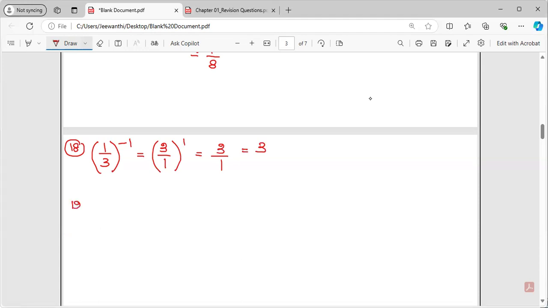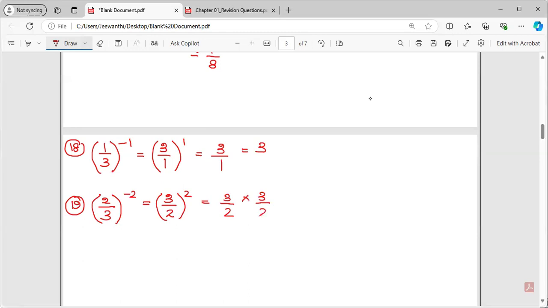Now let's look at question number 19. If you have 2/3, and here you have to the power -2, first I want to convert the -2 into +2. For that, I want to get the reciprocal. So then that becomes 3/2. And I write it like this. And we know that when we have something like this, what does this mean?